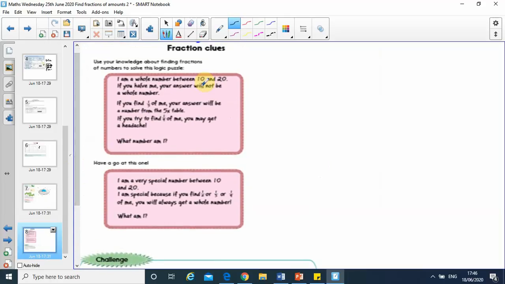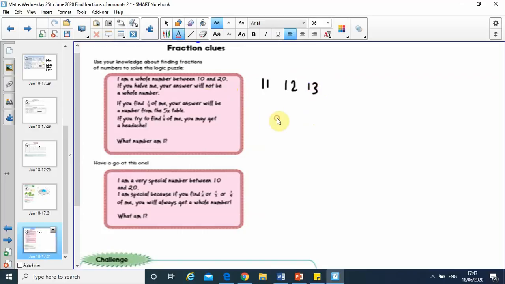I'm a whole number between 10 and 20. So that means it's not 10 and a quarter, 10 and a half, 10 and 3/4. It's a number between 10 and 20. So I could start off by writing 11, 12, 13. I don't like that. Let's try it like this.